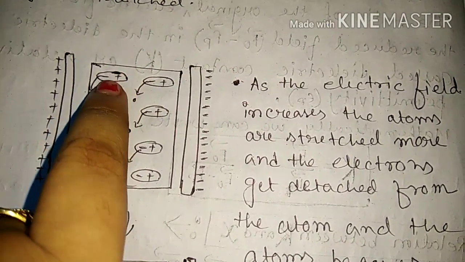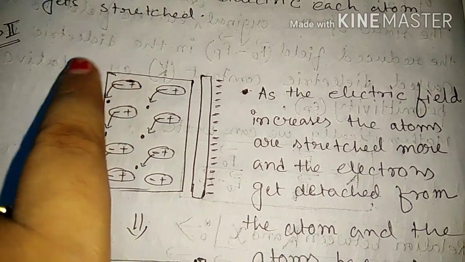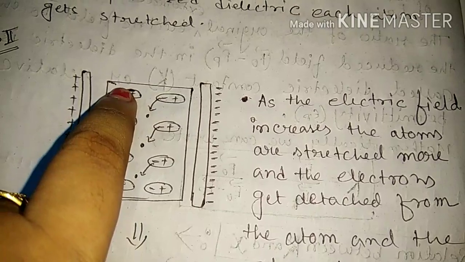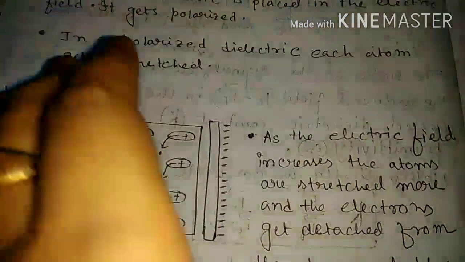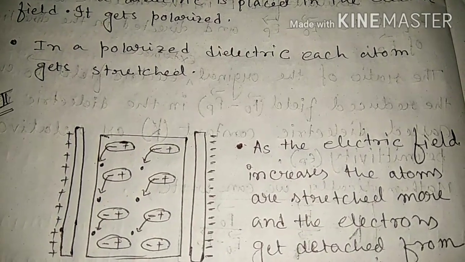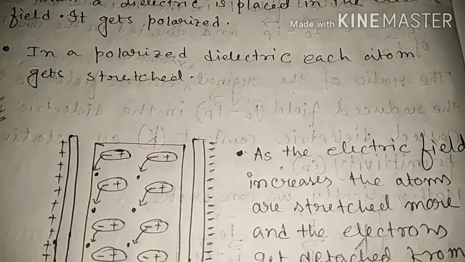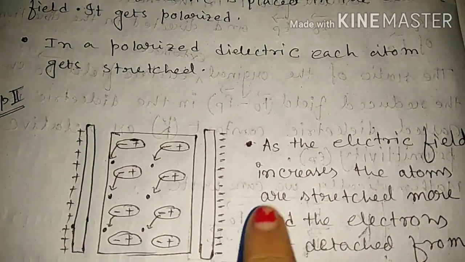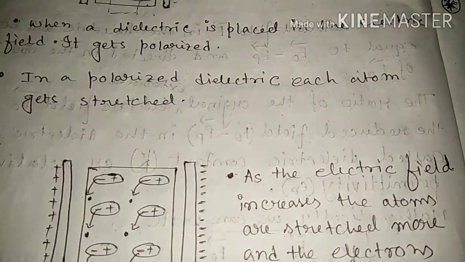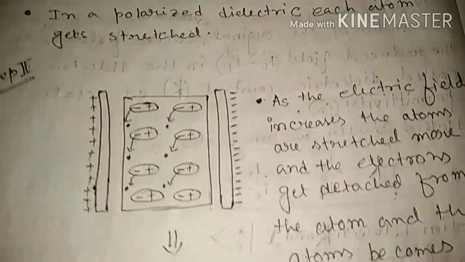So from this molecule, these electrons are attracted by this positive charge, so that this electron breaks that covalent bond, or breaks the outer shell orbit and detaches from the atom, and the atom becomes a positive charge. When an electron detaches from the atom, it becomes a positive charge.